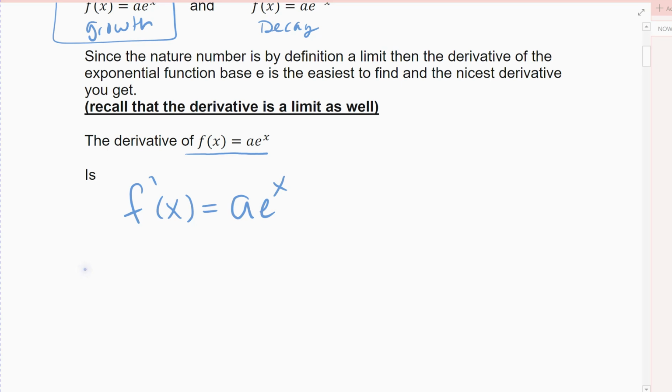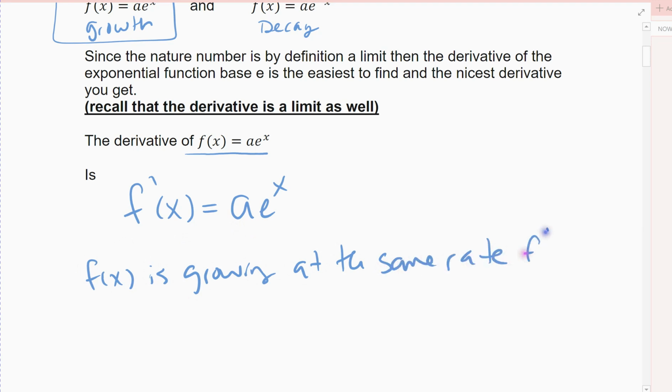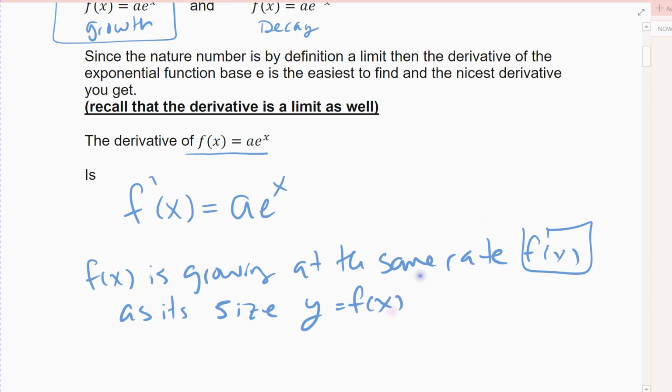So the derivative is the original function, meaning f of x is growing at the same rate as its size. The size would be the f of x value.